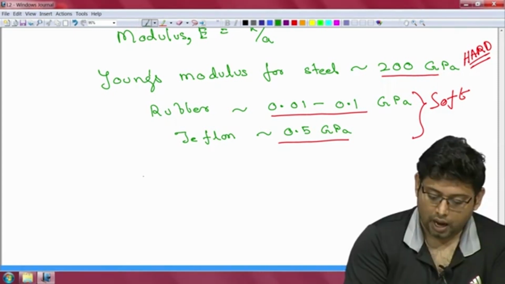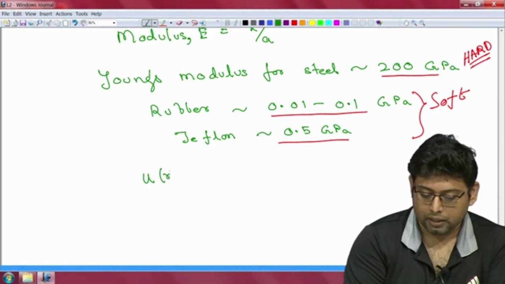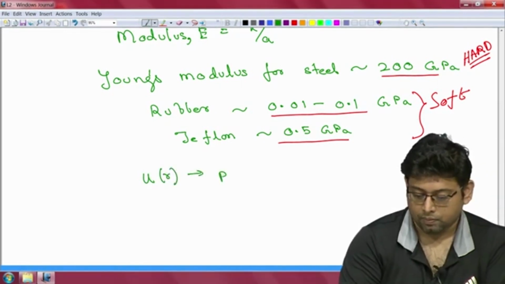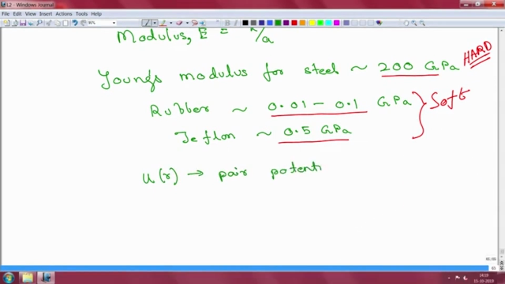So, let us call this pair potential energy U(r). And a is the equilibrium distance, right, as we discussed that before.